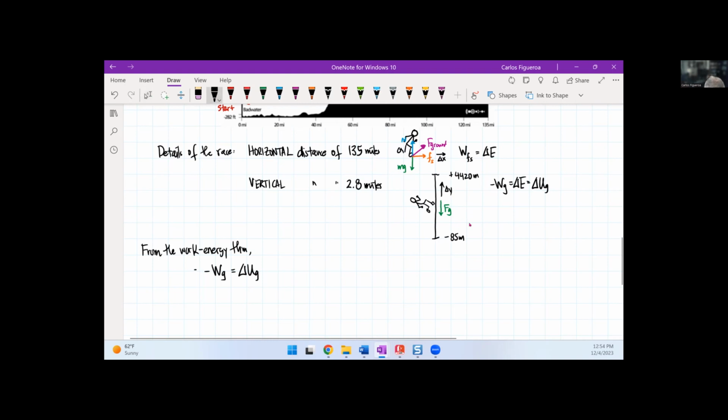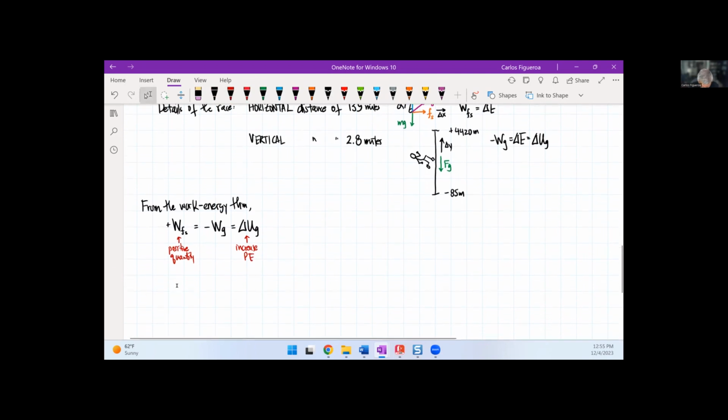So we could then say that this is a positive work done by our legs or friction. This is going to be the positive work of friction as we go up. So this is a positive quantity. So our body does positive work, and as a consequence, it increases potential energy.